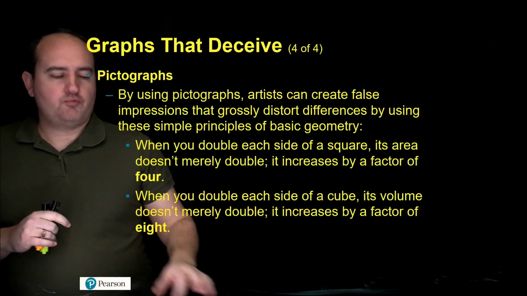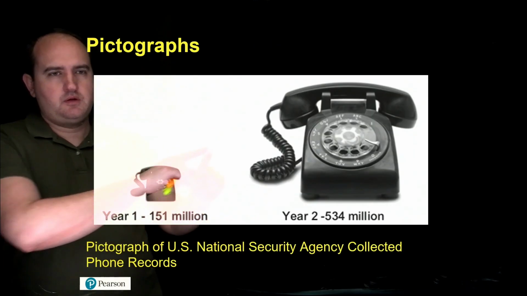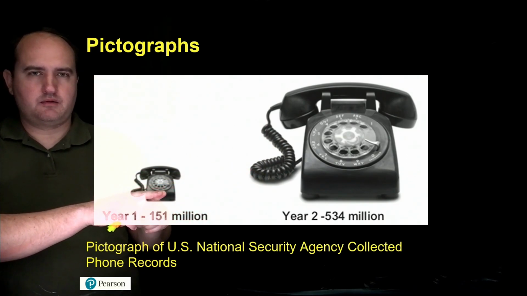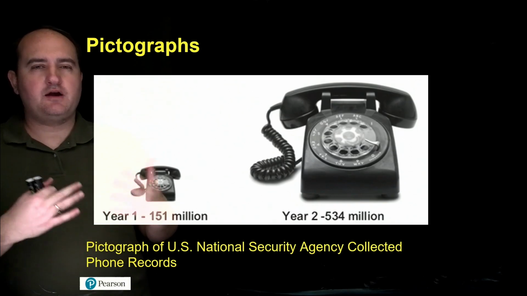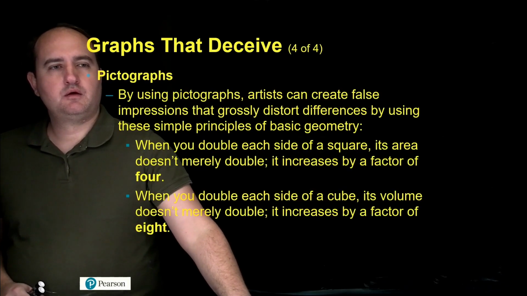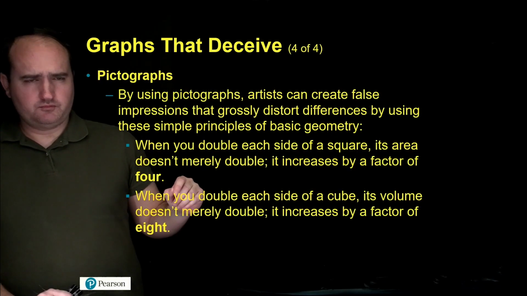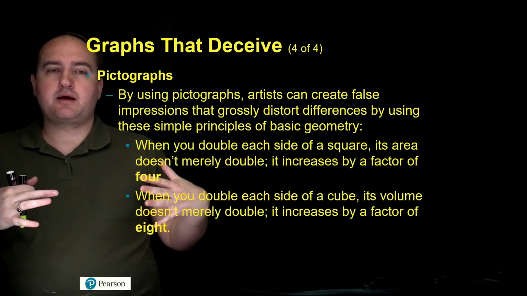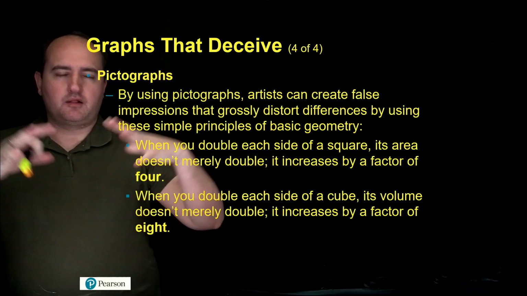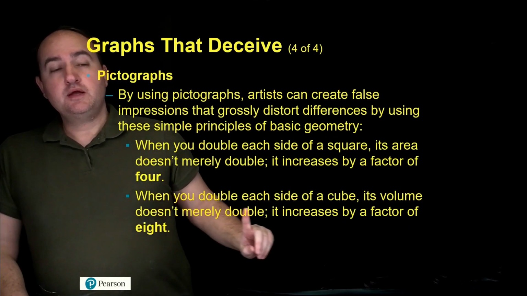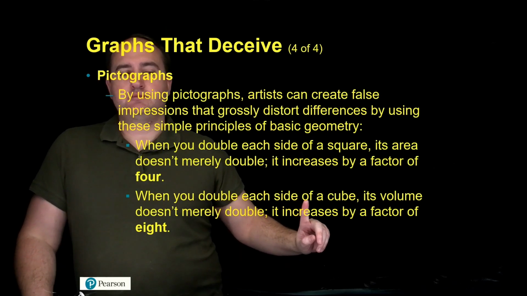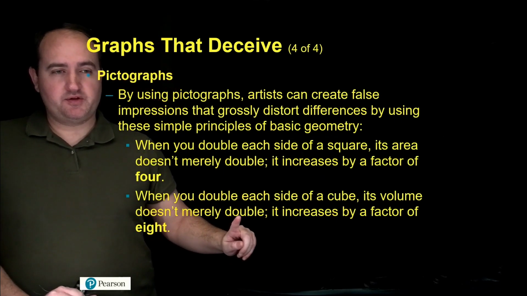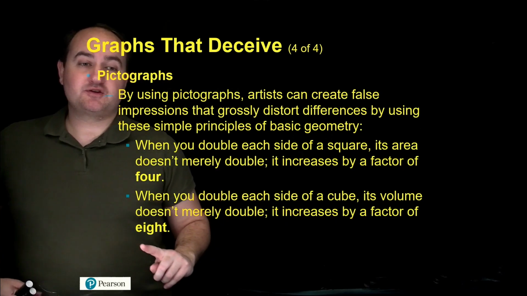Okay, so with these telephones here, these are exploiting the fact that when you increase the side of a square, the area goes up by a lot more. Well, when you double or increase in some way the side of a cube, its volume doesn't merely double, it increases by a factor of 8.